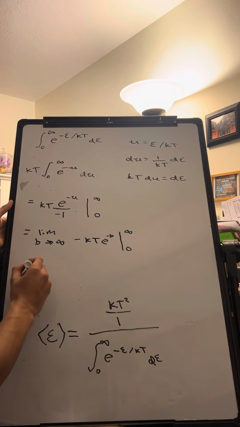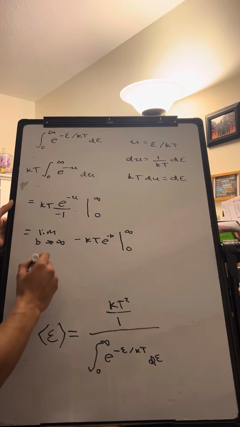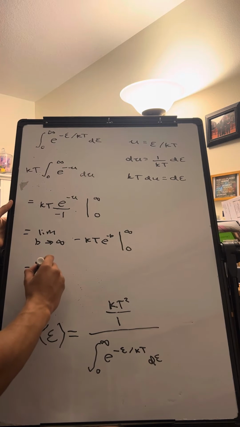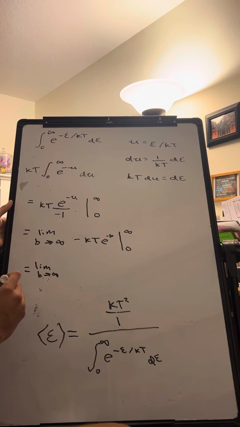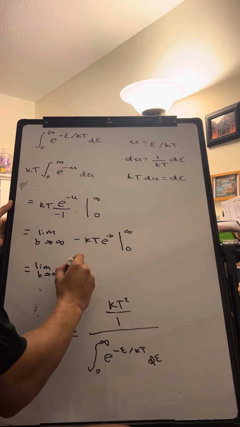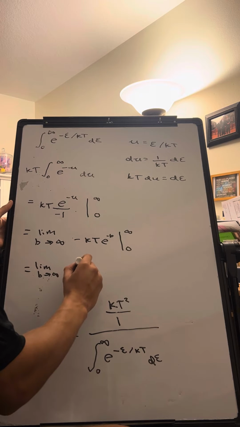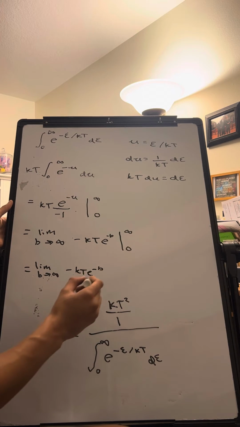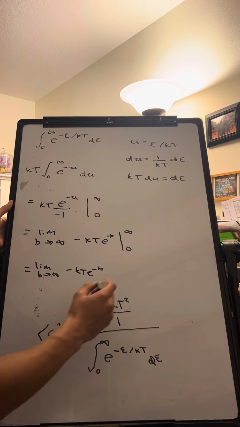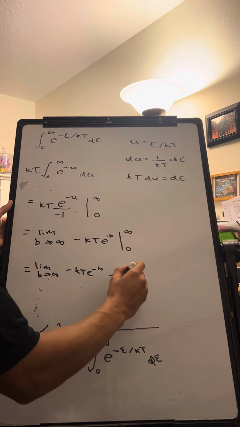This is equal to the limit as b approaches infinity of negative kT e to the negative b, minus the negative.